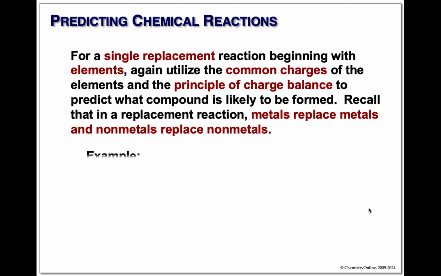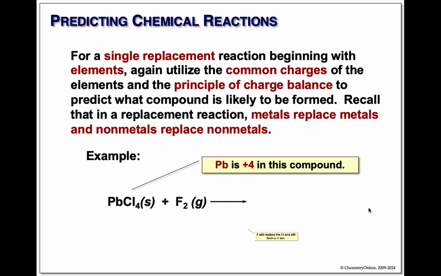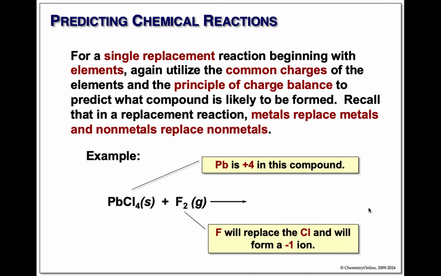So, again, we have our lead IV chloride and fluorine. These will react. We will get the non-metal replacing the non-metal, and get lead IV fluoride and chlorine. Simple as it can be.